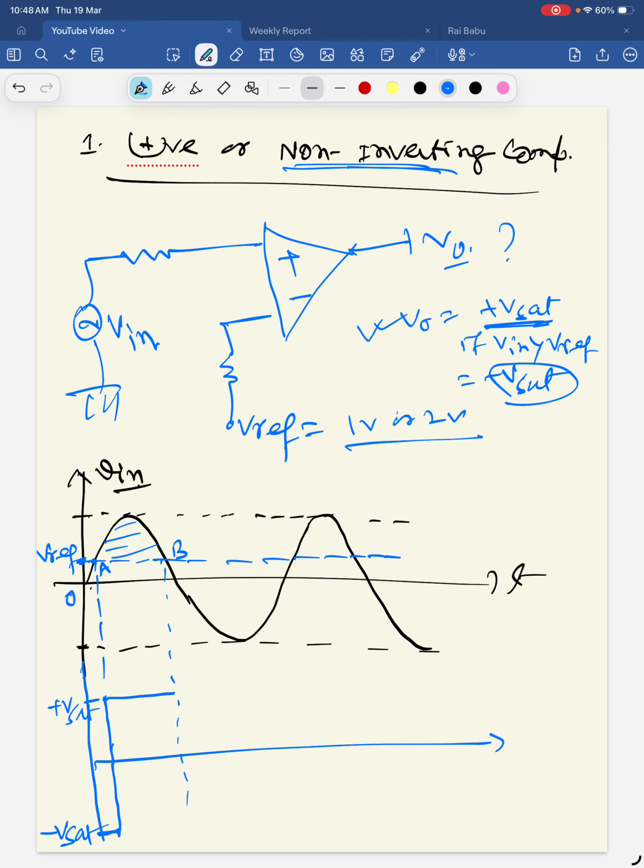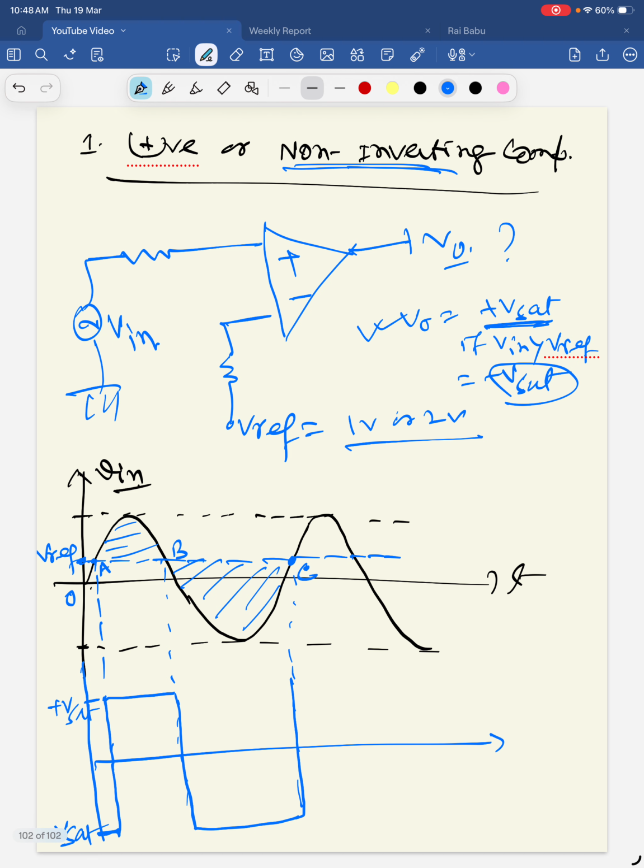After that, from B to C, the input is less than V reference. If it is less than V reference, the output should be minus V sat. So it will go to minus V sat again, up to this point, because this whole area the input is less than V reference.